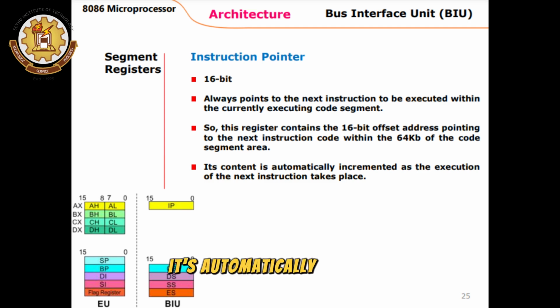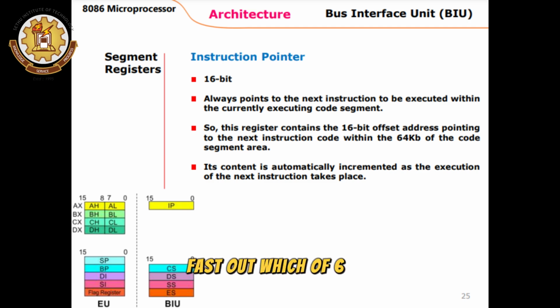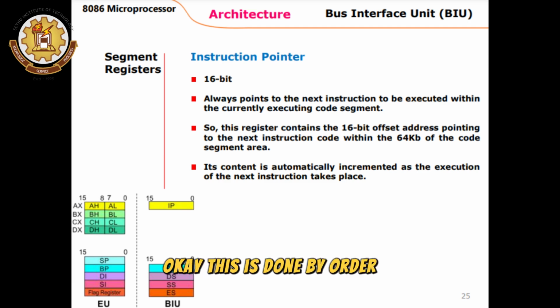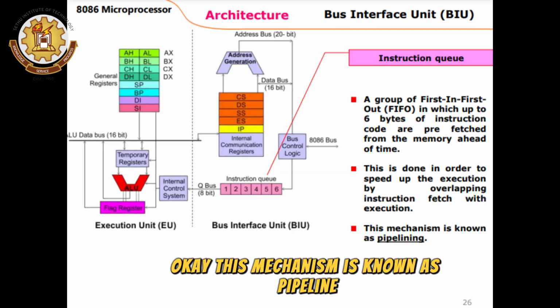Its contents are automatically incremented as the execution of the next instruction takes place. In the bus interface unit, there is a group of FIFO, first in first out, which holds 6 bytes of instruction code fetched from memory ahead of time. This is done to speed up execution by overlapping instruction fetch with execution. This mechanism is known as pipelining.